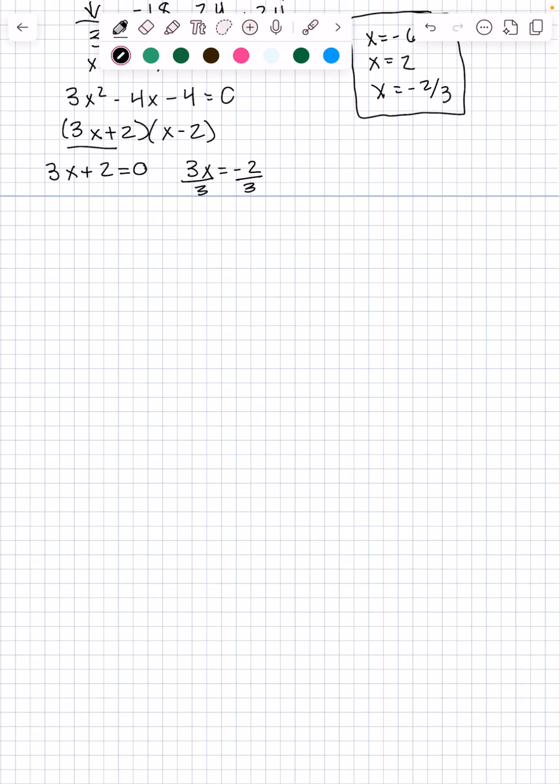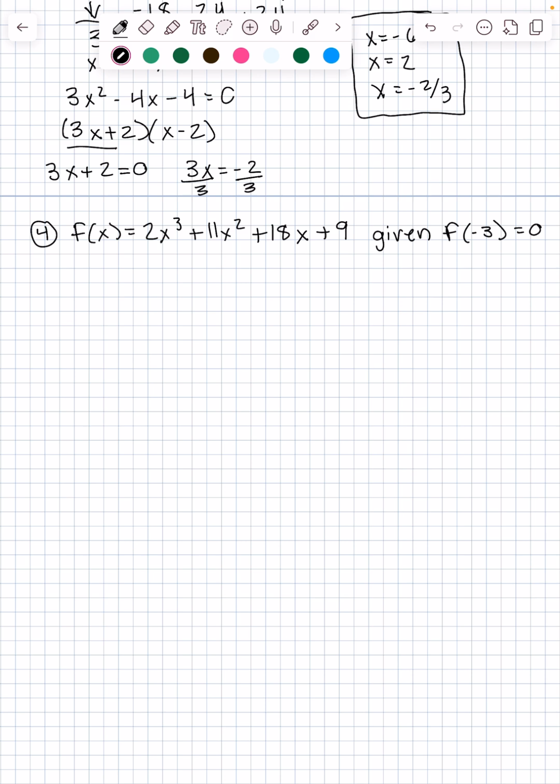Okay, last example here. So there's our polynomial. Again, I'm going to give you a solution. So given f of negative 3 is equal to 0. So that tells us one of my solutions for x is already negative 3.